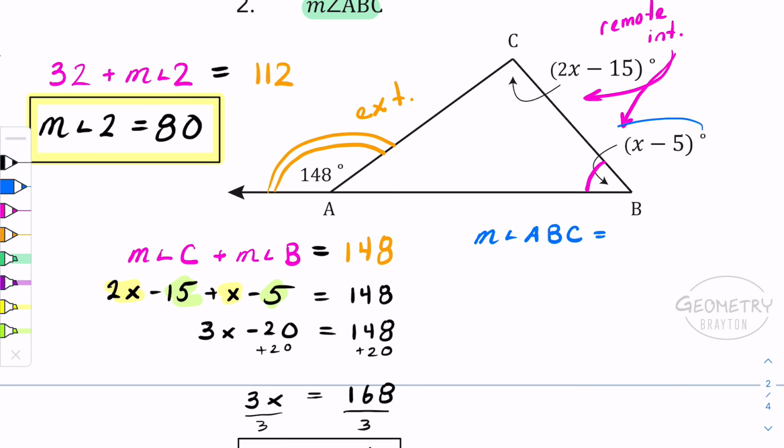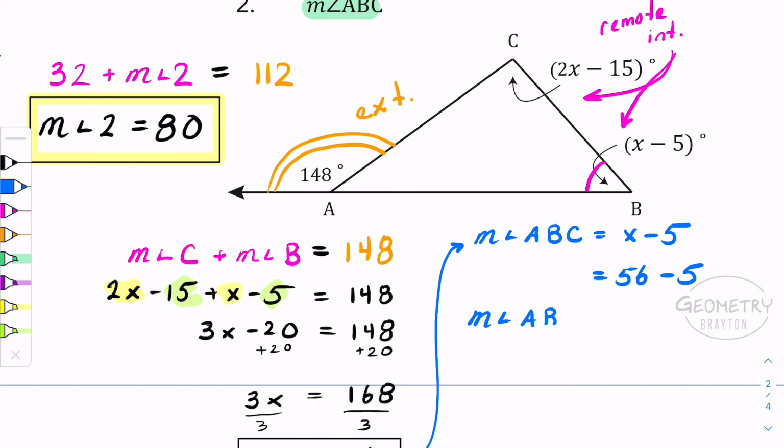So the measure of angle ABC is represented with the expression of x minus 5. I'm going to substitute x as 56. 56 minus 5 gives me the solution for the measure of angle ABC, and that gives me 51 degrees. This here is my final answer.